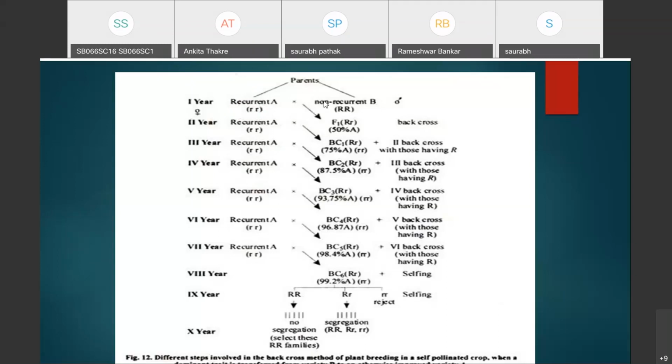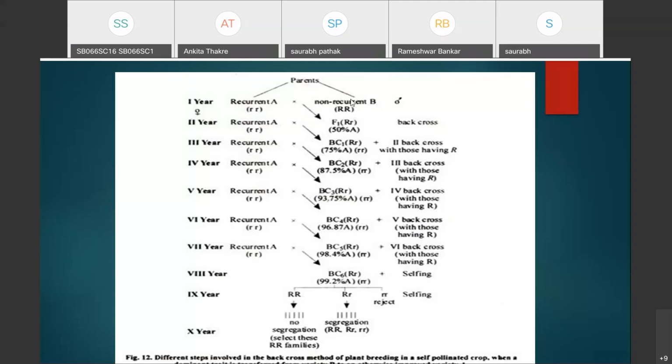That means that variety is disease susceptible. But here another parent is used, which is referred to as the B parent. It is a non-recurrent parent, or simply we can say it is an undesirable parent.